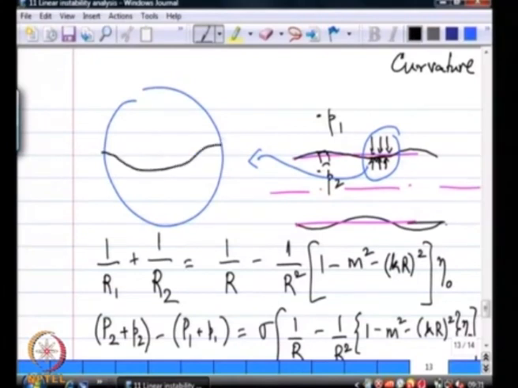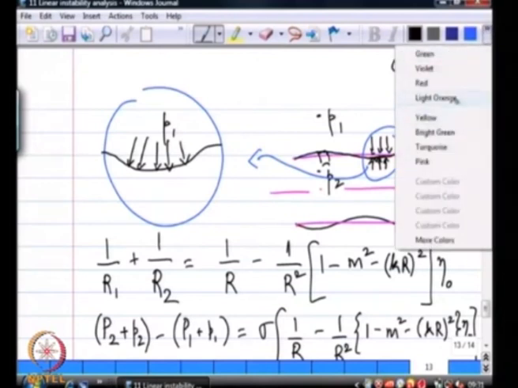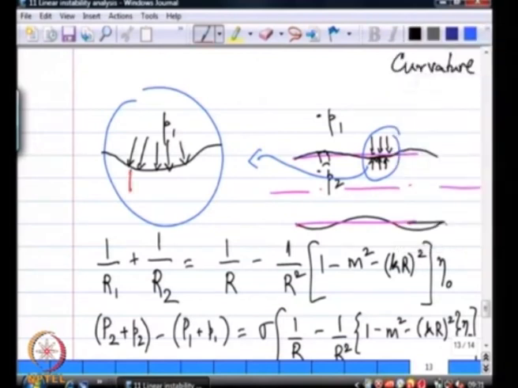I have just drawn this pressure field P1, I will use another color for the pressure field P2, and the unperturbed interface is here.